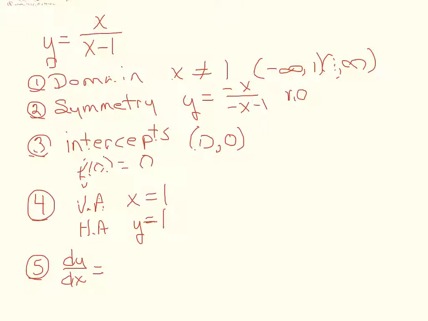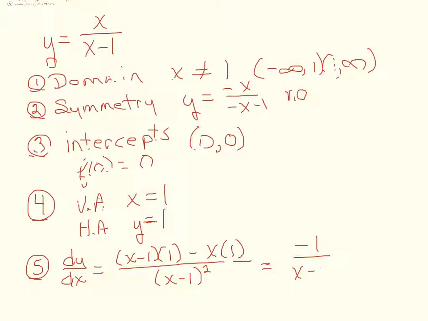So the derivative is going to be the denominator times the derivative of the numerator minus the numerator times the derivative of the denominator, over the denominator squared. So this one is going to cancel nicely, and we get -1 over (x minus 1) squared. No critical numbers.